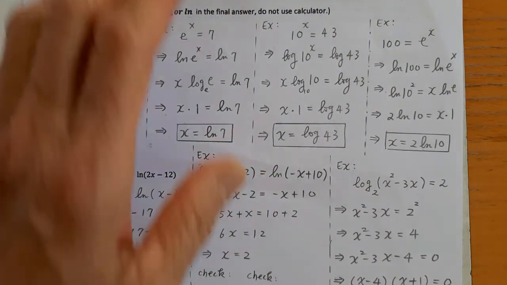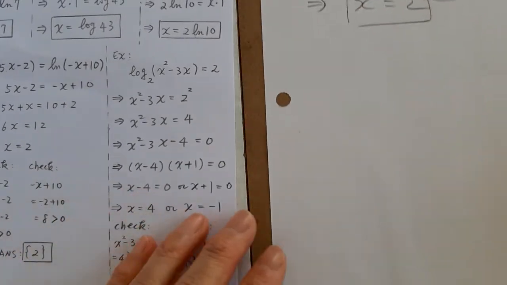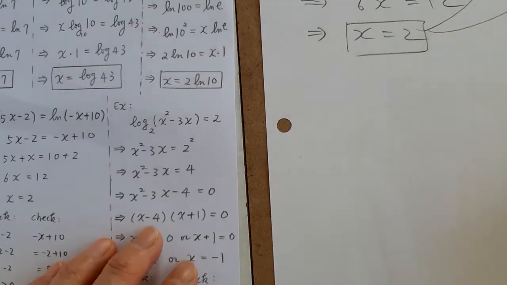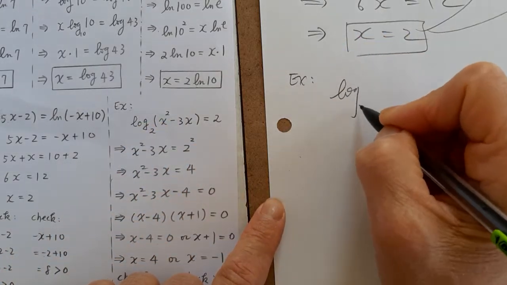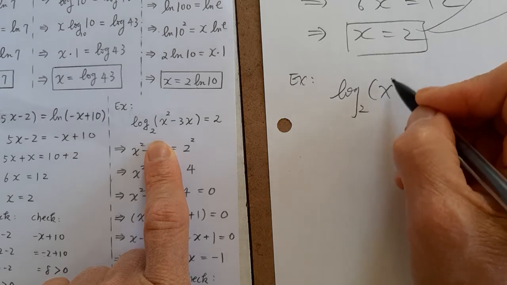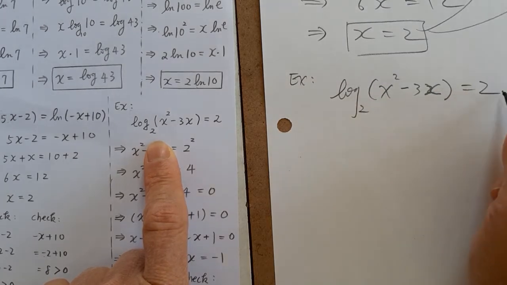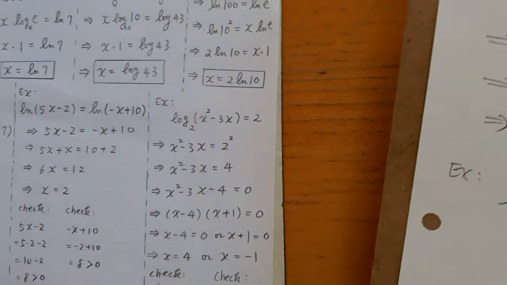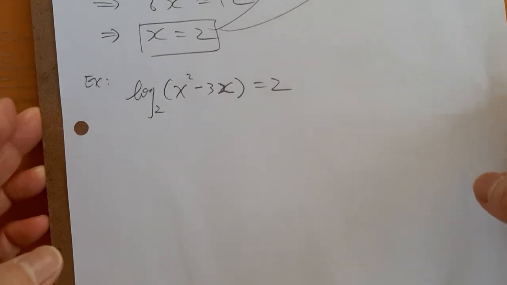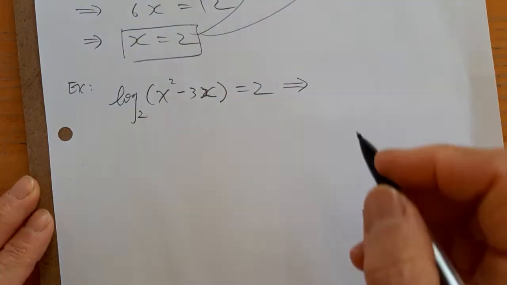And next example. This one, and the base is 2. Log base 2 of x squared minus 3x equals 2, and solve for x. First of all, you have to change from logarithm form to exponential form.